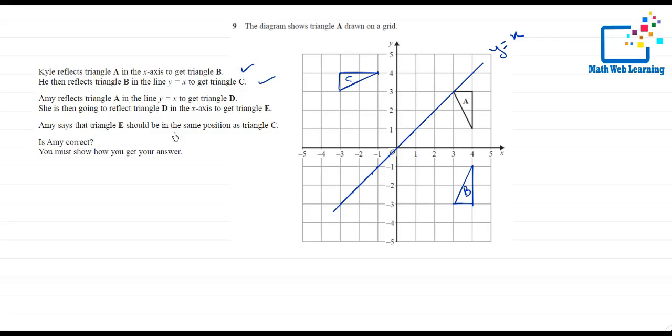We've done this one, we've done this one here. Now reflect A in the line y equal x to get D. So basically, that one is reflected there. That one is going to be there, and that one is going to be 1 and a half, half.